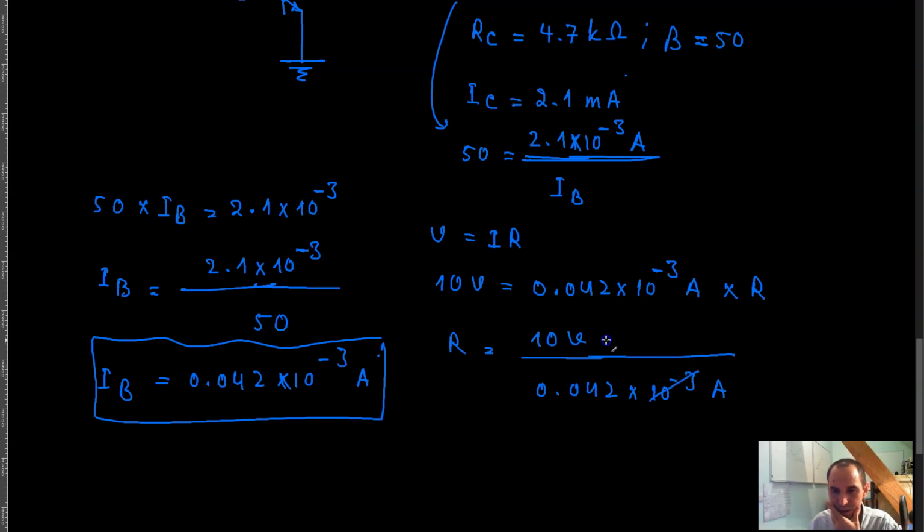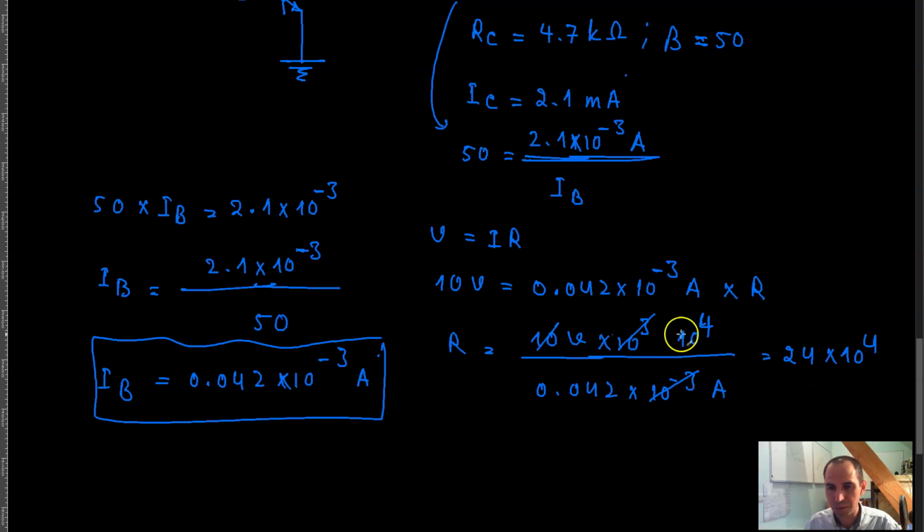So I can write this as times 10 raised to the power 3, and then these two together become 10 raised to the power 4, and then 1 divided by 0.042 is equal to 23.8. I'm going to write that as 24. So 1 divided by 0.042 is equal to 24, and this is 10 raised to the power 4.